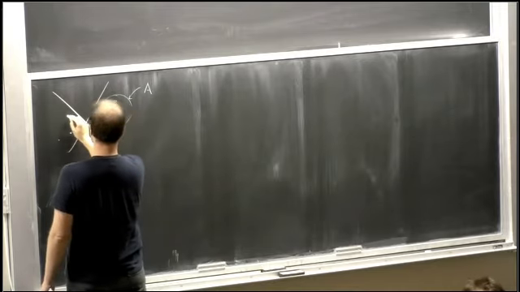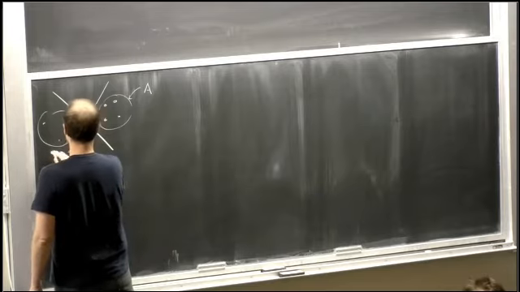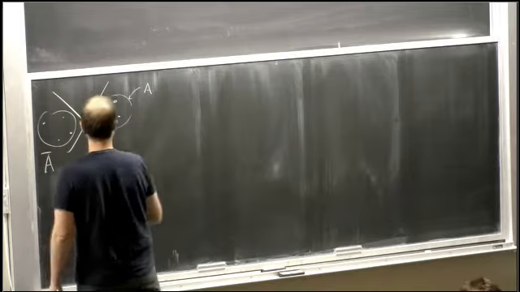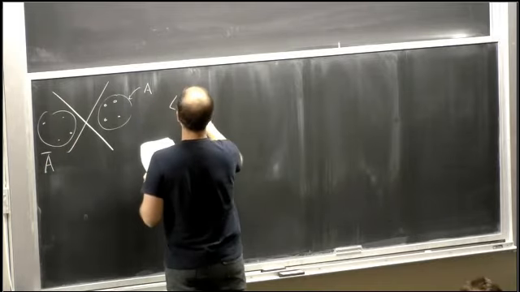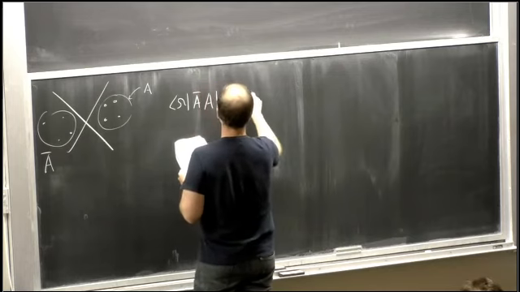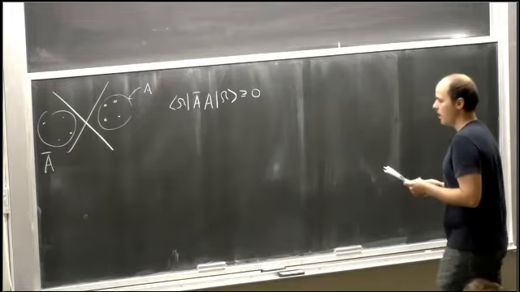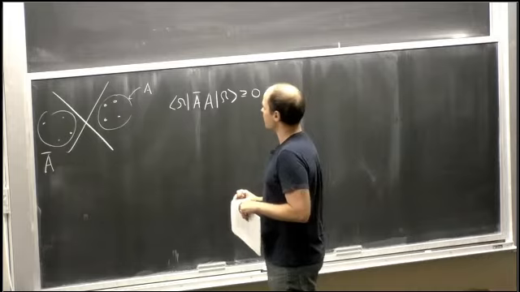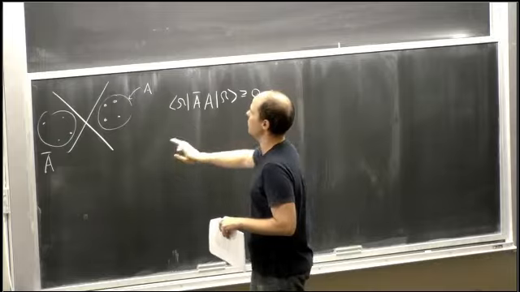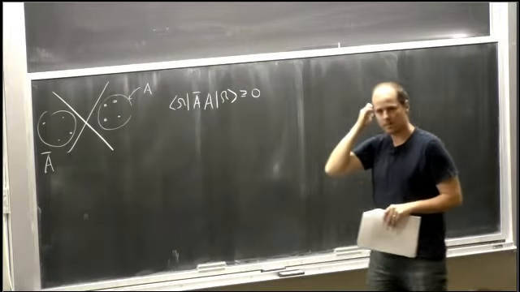Okay, so this would be the reflection. And the claim is that this expectation value is positive, and this is true whenever A is the product of operators localized in the right Rindler wedge.